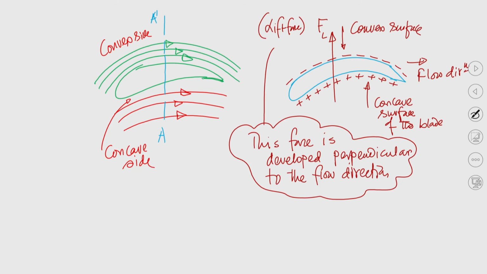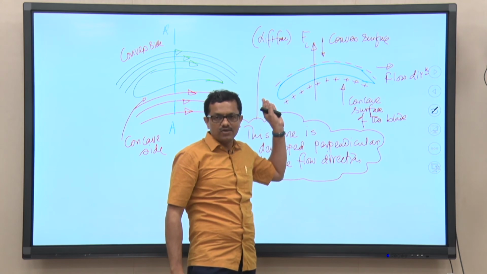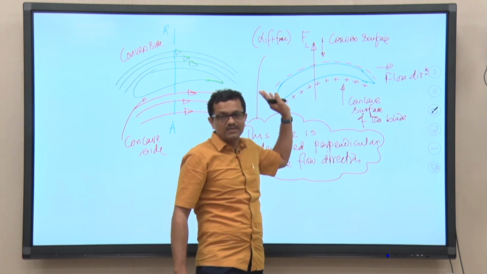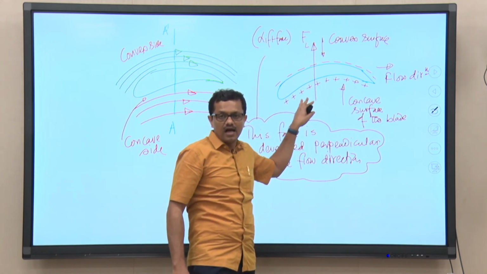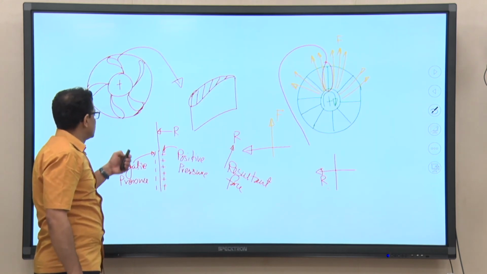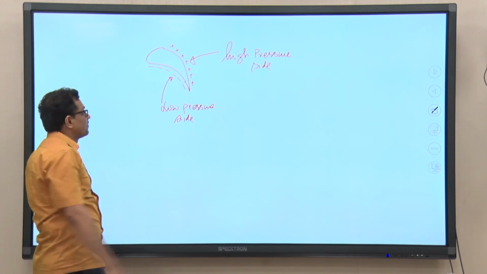In the flow past an isolated airfoil, we have seen that the pressure on the convex surface is less and the pressure at the concave surface is high, and this is the difference between the isolated airfoil and the blade of a radial flow pump impeller.